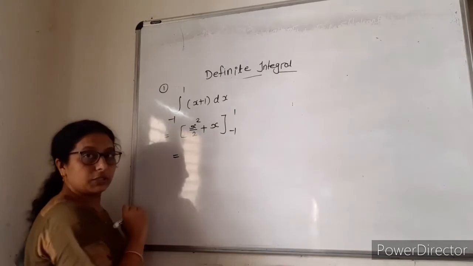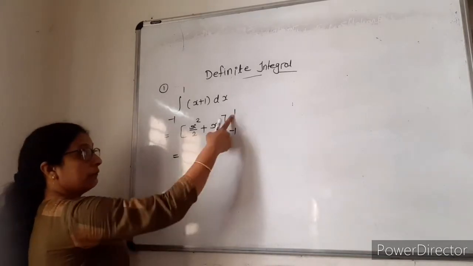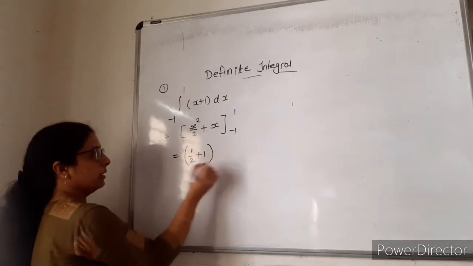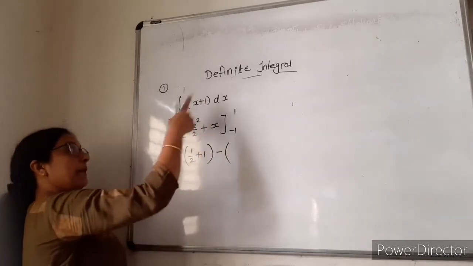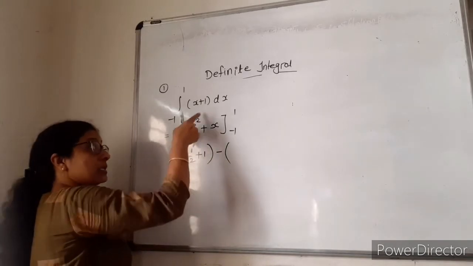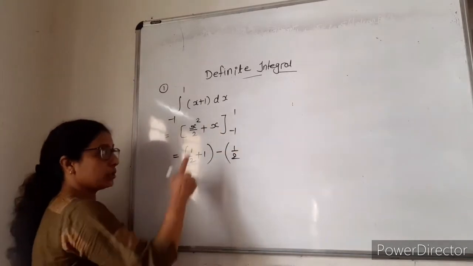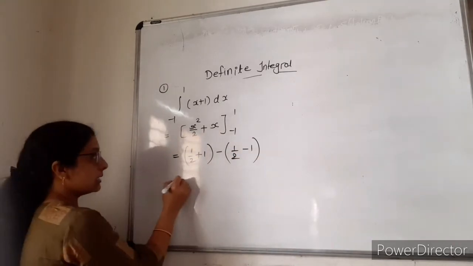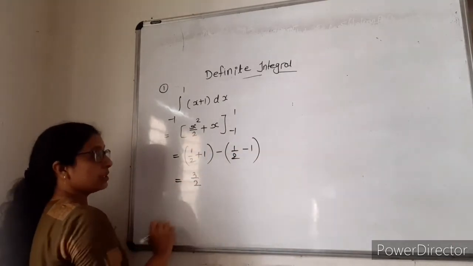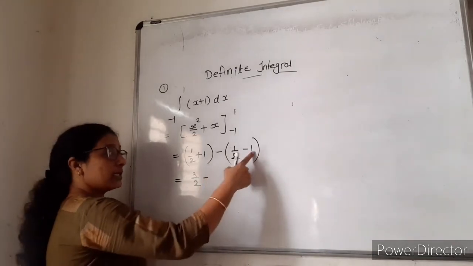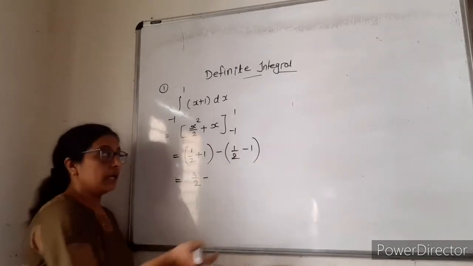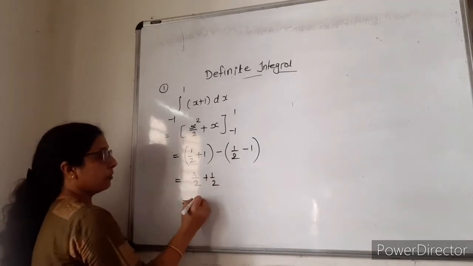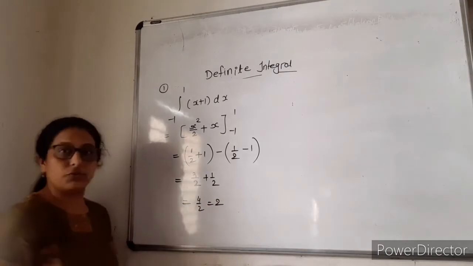If you apply 1, it is 1 by 2 plus 1, minus, applying minus 1, minus 1 square is again 1 by 2, plus minus 1. That is 3 by 2 minus minus 1 by 2, that is 4 by 2, and the answer is 2.